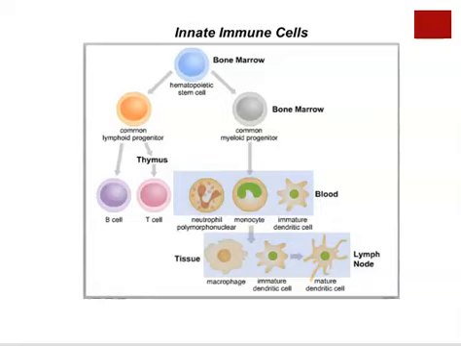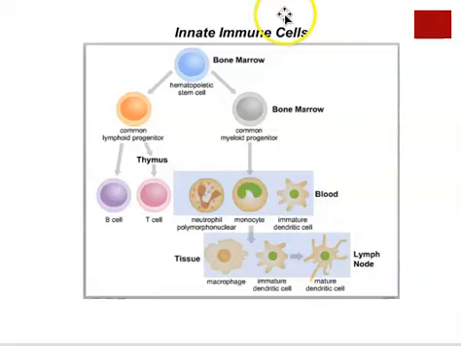The other daughter cell will be a stem cell. So in other words, stem cells are unique in that they continually replenish themselves while also producing cells that will go on to mature and become some specific type of cell.